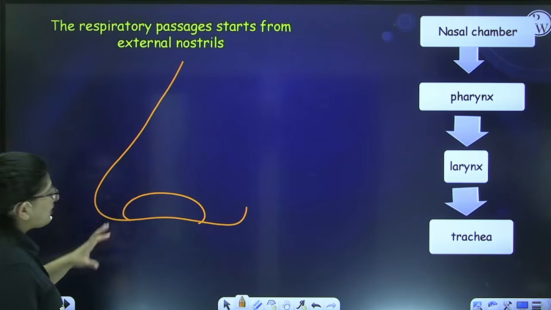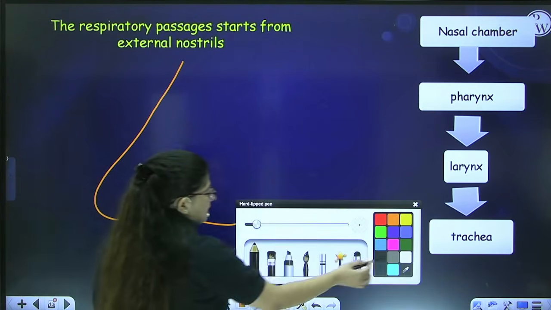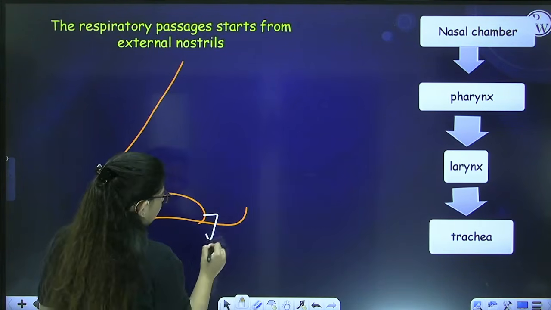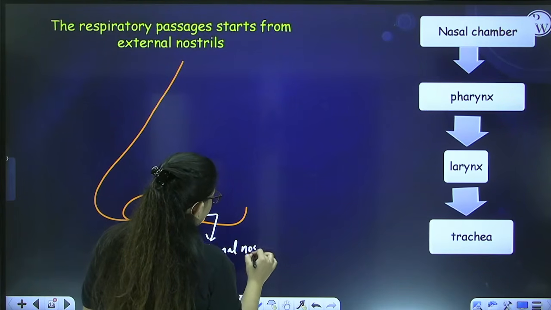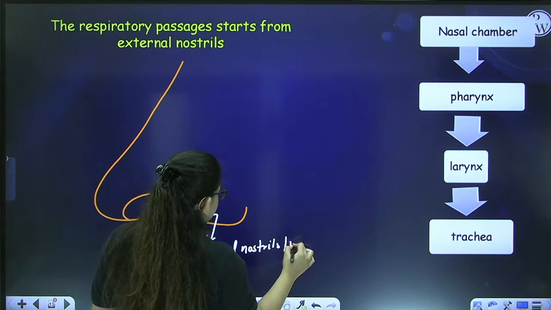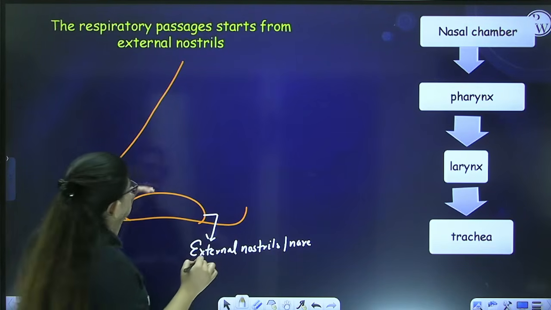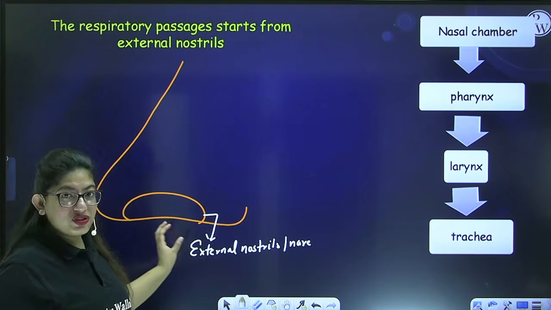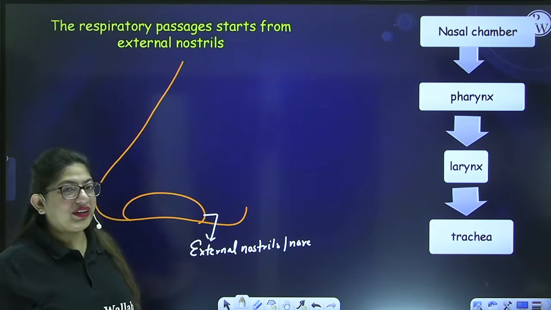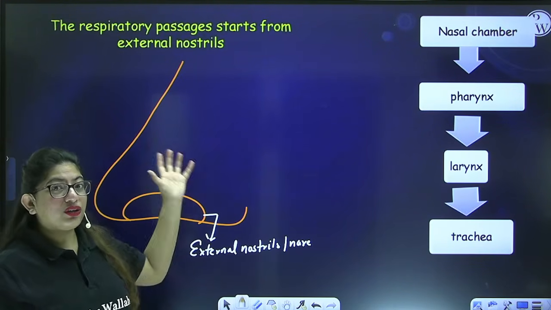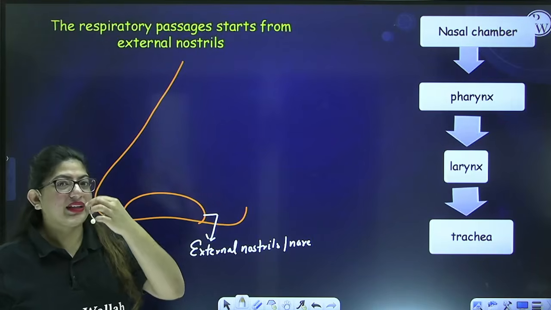Okay. So these small openings are known as external nostrils, or nares. The external nostrils lead to the inside of the nose, which you call the nasal cavity. The nasal cavity is divided into two nasal chambers. Inside that we have a bone.